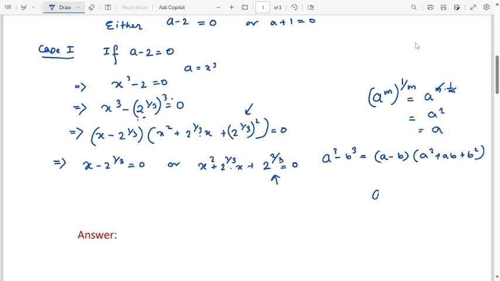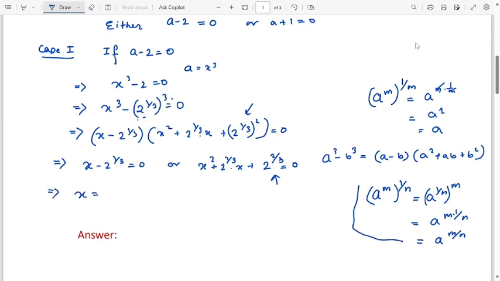Okay, let me remind you that from the exponent law, a to the power m whole to the power 1 by n is equal to a to the power 1 by m times a whole to the power n. This can be written as a to the power m times 1 by n, or equal to a to the power m by n. We are using this formula. That's why. So now from here we are getting x equal to 2 to the power 1 by 3. This is one of the solutions.